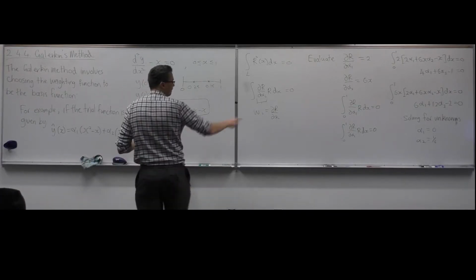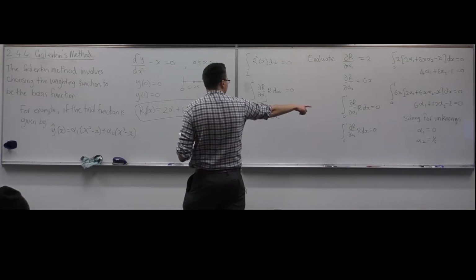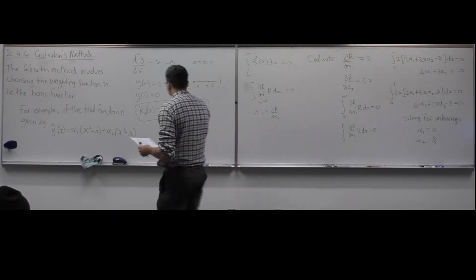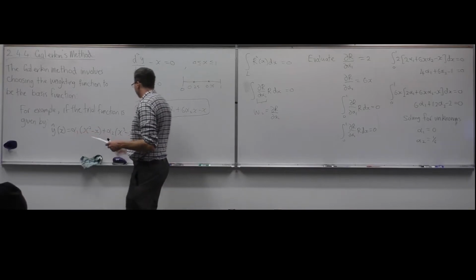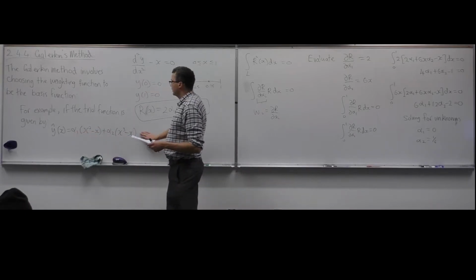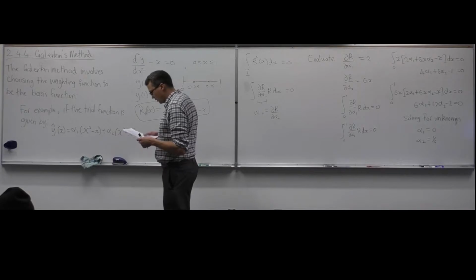And in the last one we worked out that alpha 1 and alpha 2 were 0 and 1 over 6. Okay, so this is our trial function.